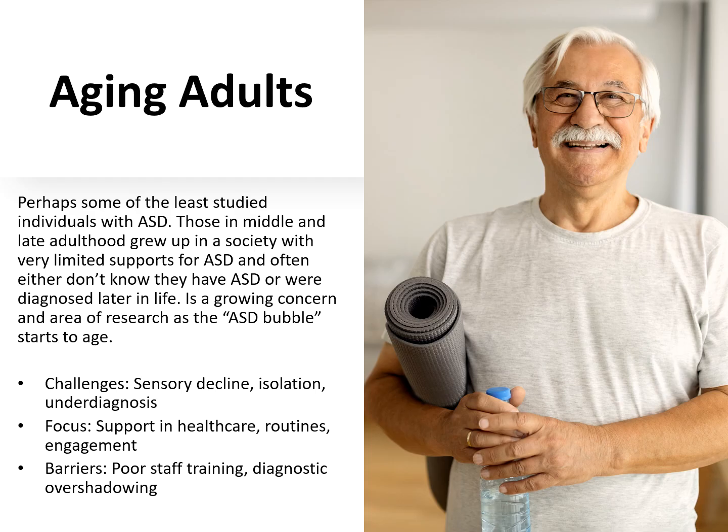But how does autism look as you start dealing with things like midlife crisis, empty nest syndrome, the changing medical conditions that a person's going through? And also, and this is an area that definitely needs to be researched, how do neurodevelopmental disorders like autism spectrum disorder and attention deficit hyperactivity disorder look when you're dealing with things like dementia?